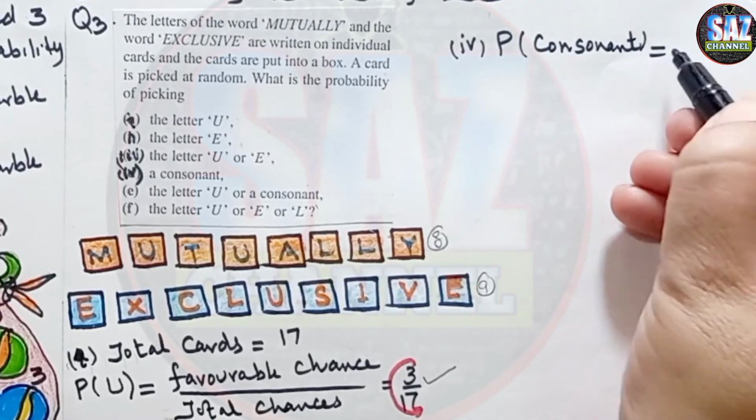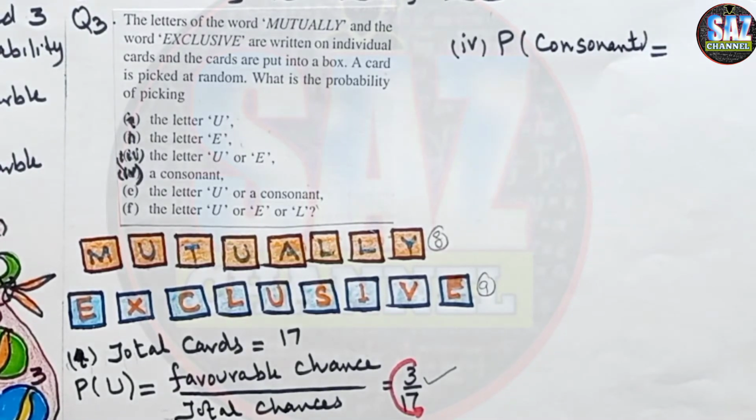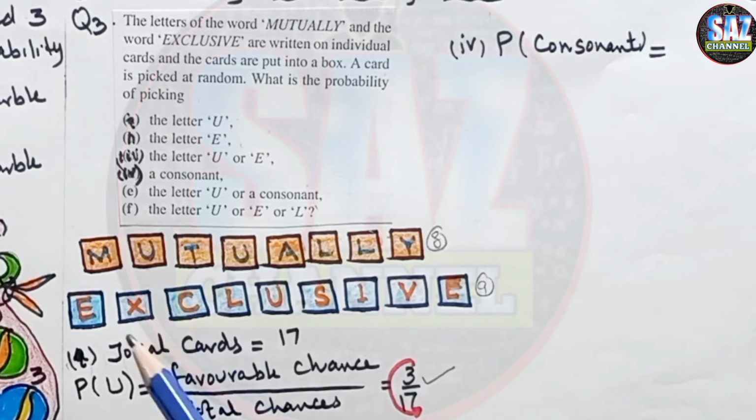We know that from the English letters, A, E, I, O and U are the vowels, and all the rest are consonants. Now we have to see that out of these 17 letters, how many times we are getting consonants, or how many times we are getting vowels.